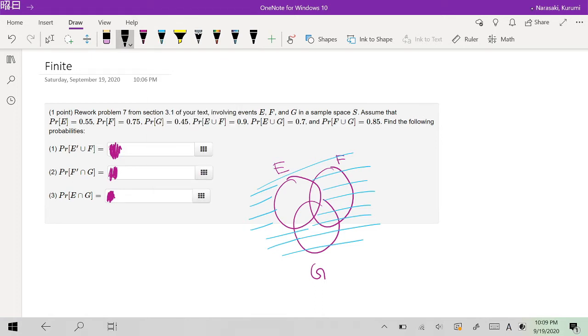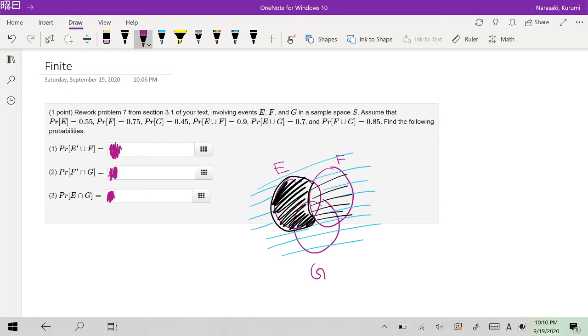F is this, right? So we're looking for all the probabilities except this part right here. Agreed? So except this super dark black part. This is the probability that we don't need. Alrighty. So how do we do that?